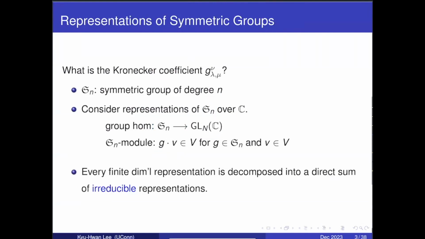Then it is a well-known fact in representation theory that every finite dimensional representation is decomposed into a direct sum of irreducible representations. It's a very basic fact in representation theory.